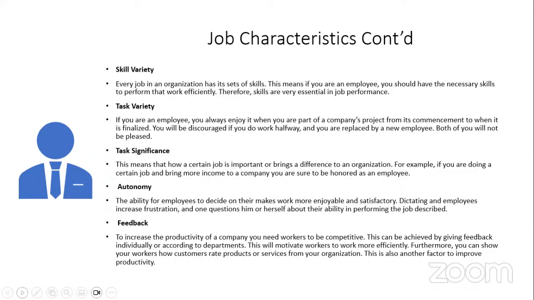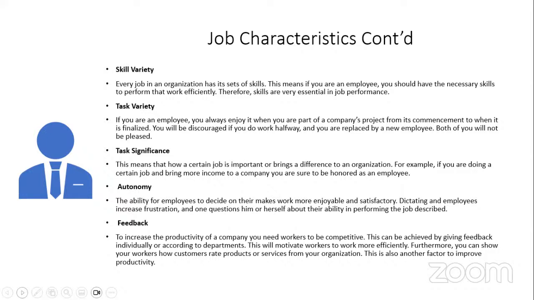The ability for employees to decide on their job makes work more enjoyable and satisfactory. A lack of it leads to an employee's increasing frustration, and one questions oneself about the ability to perform the job described.